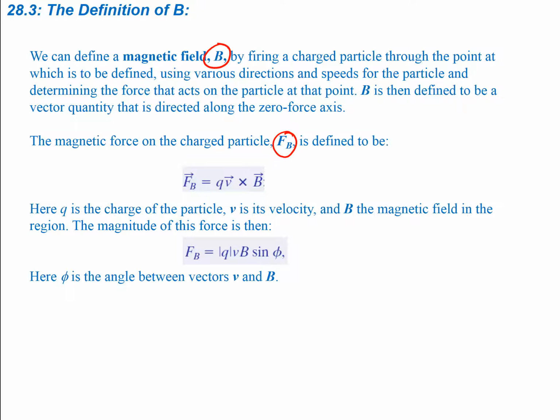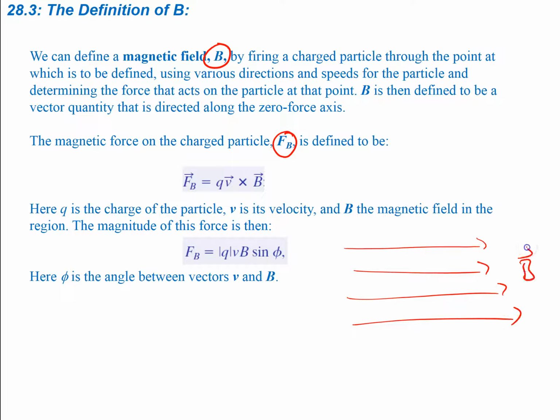So if we send a charged particle through some external magnetic field, let's just say our field is going this way, and this is our B, maybe you have a particle that's going through this magnetic field in that direction with some velocity.